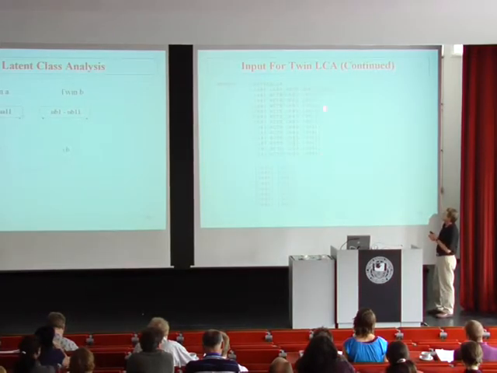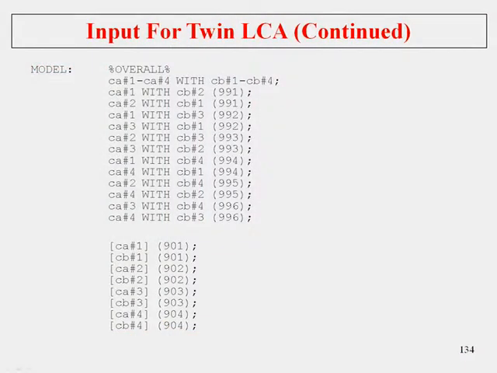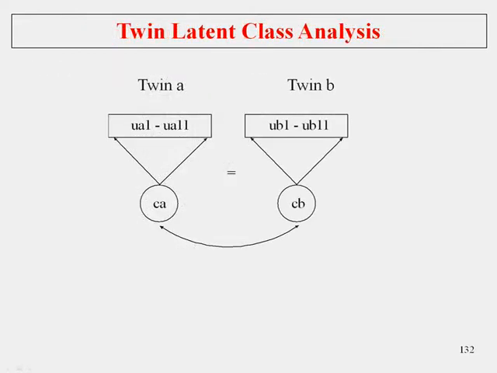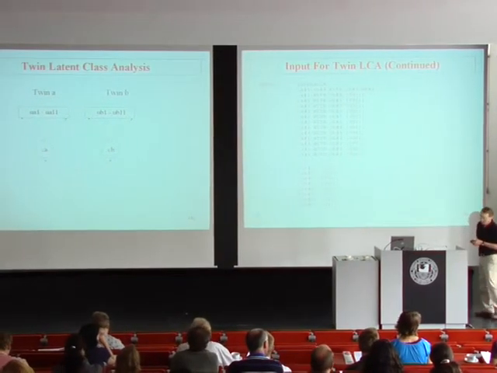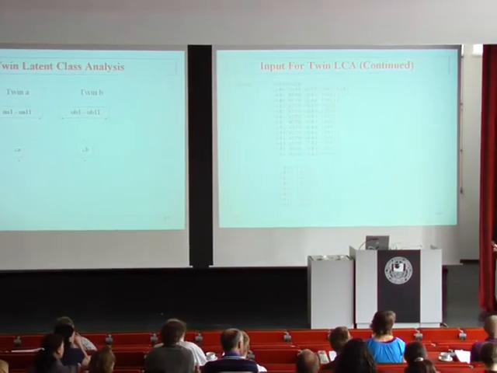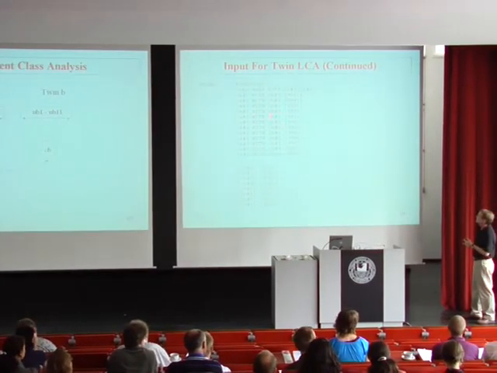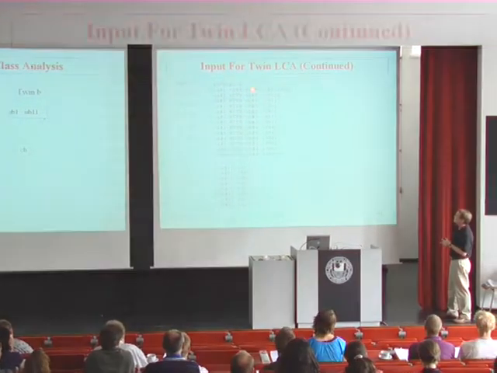And actually what we're talking about here is the 5 by 5 table. We're looking at the structural part of the model first, and we're imposing a certain restriction on the structural part of the model here. It is done by these with statements.